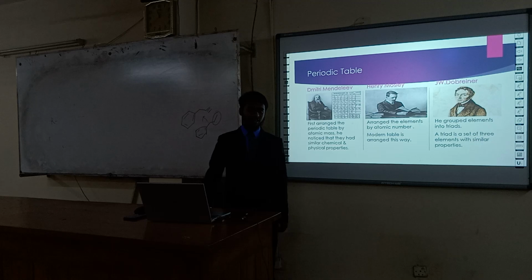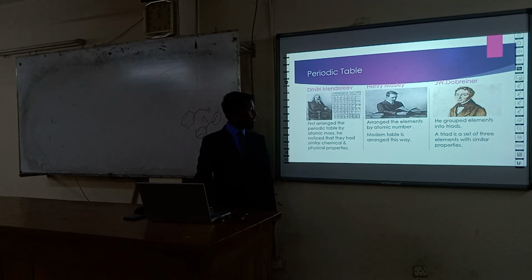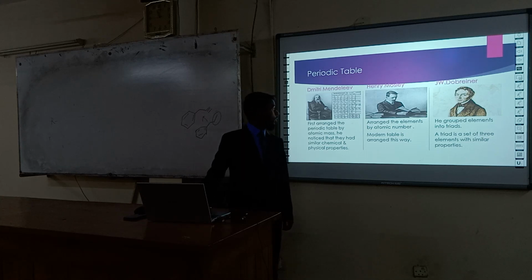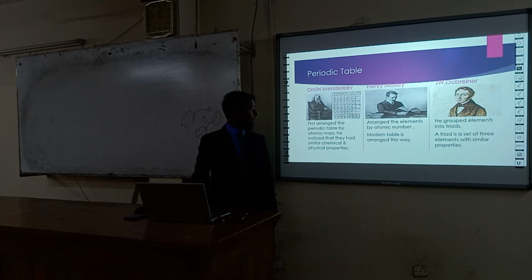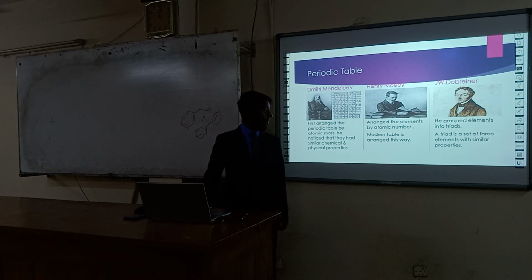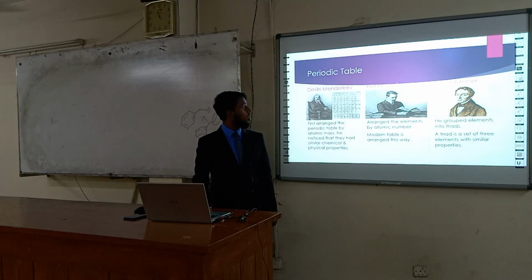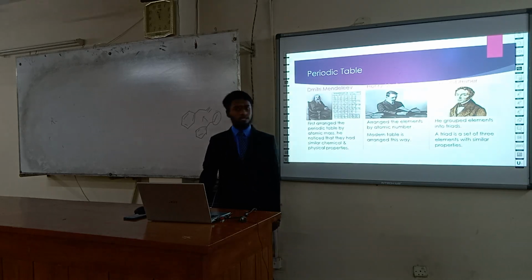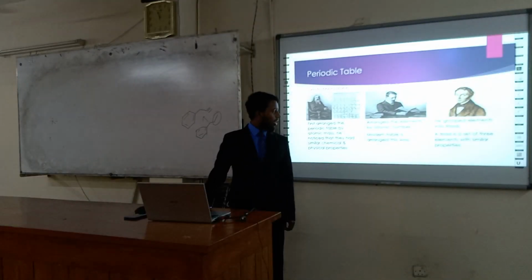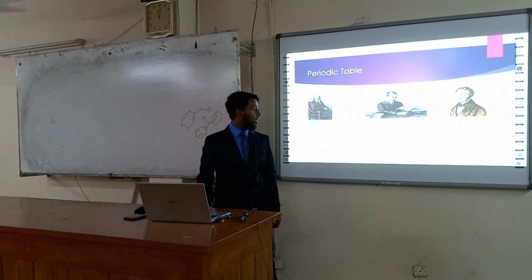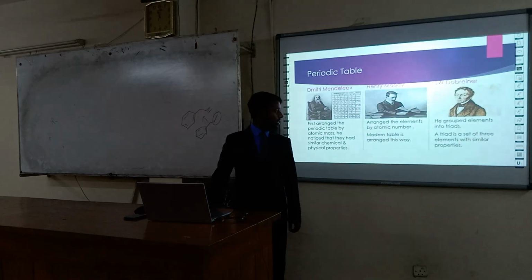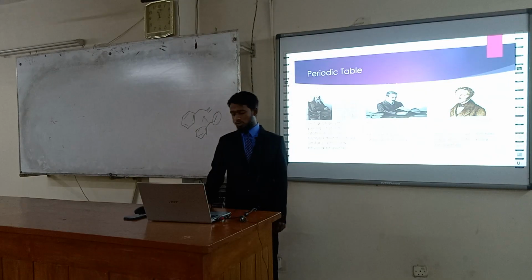Later, Henry Moseley arranged these elements by atomic number, and it is the right way to arrange these elements. So the modern periodic table is arranged this way. And finally, J.W. Dobereiner grouped these elements into triads. And what is a triad? A triad is a set of three elements with similar properties.